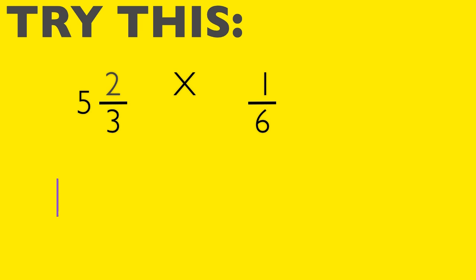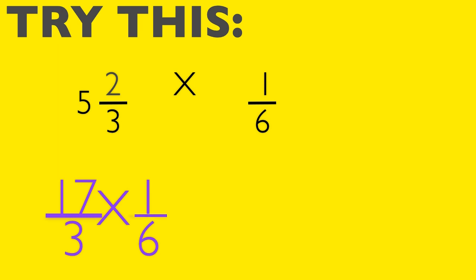And that would give us 17 as our numerator and 3 as our denominator. Excellent job, guys. Now, we take that and we, you guessed it, multiply by 1/6. Did you get this far? If you did, you're on the right track.